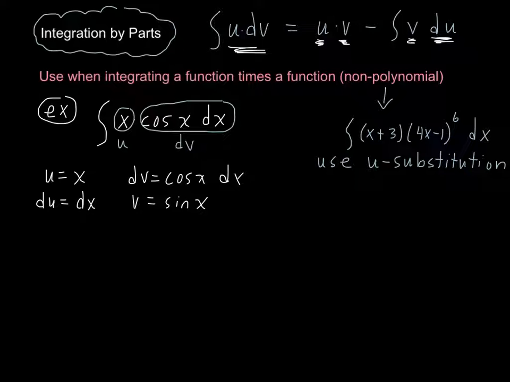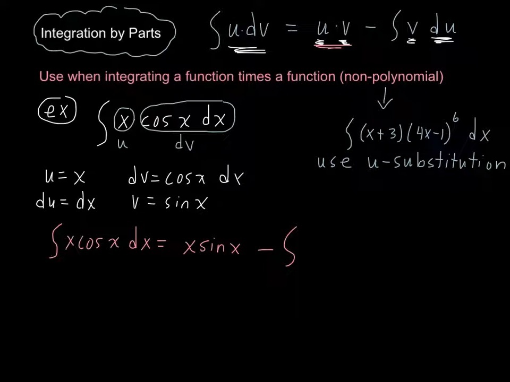So now let's fill in these pieces into our formula. Okay? So we're integrating x times the cosine of x dx. This is equal to, we said, u times v up here in our formula. So my u is x, my v is sine of x. Okay? Then we have minus an integral.